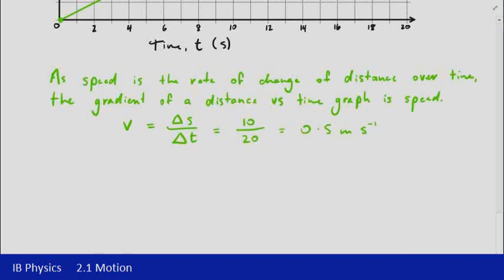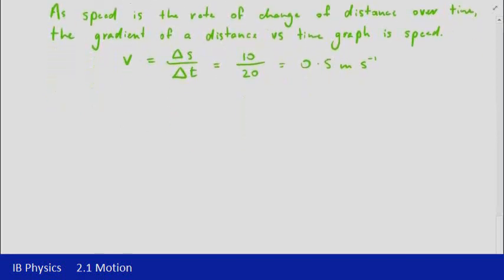So fairly easy calculation. Now you may recall in the previous video I mentioned a couple of different ways that we might refer to speed, and I'll just elaborate on those now. So the first one is average speed. Average speed, as the name suggests, is an average measure.